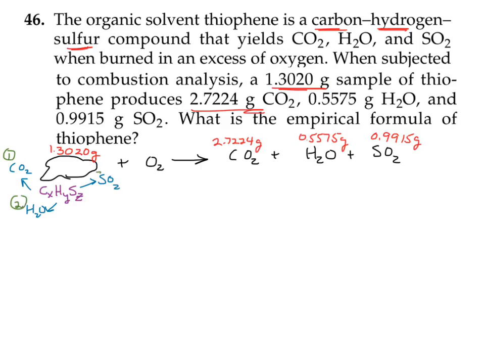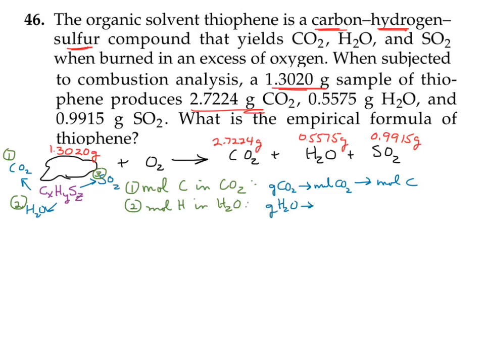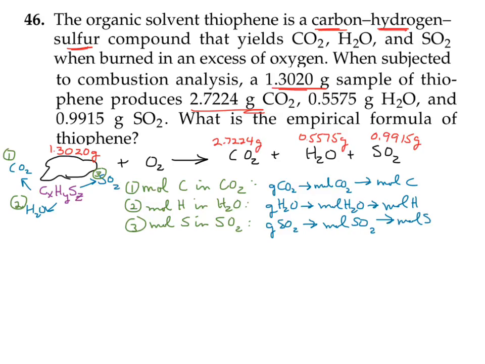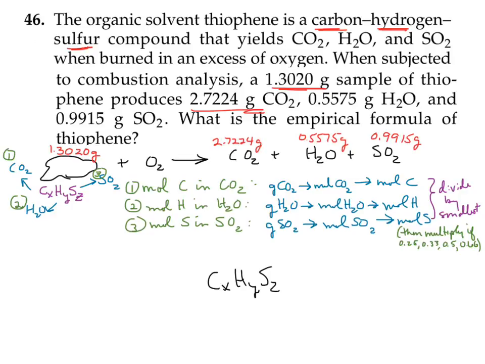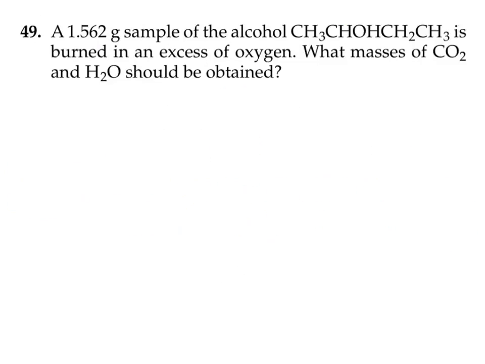All you need to do is get to the empirical formula for this one. You don't need weight percent or molecular formula. So you'll get relative moles of carbon, hydrogen, and sulfur, and normalize them into whole numbers. All right, last one.